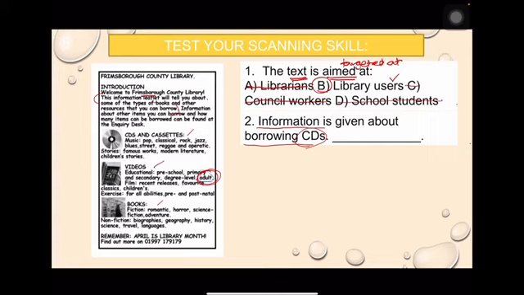They are referring to the CDs and cassettes and the videos other than the books, right? Yeah. So the answer is yes. They provide you the information about CDs. Okay?